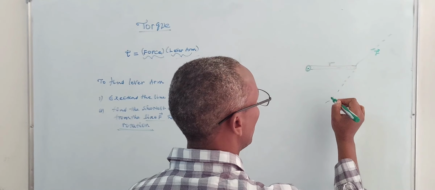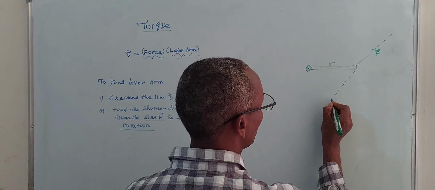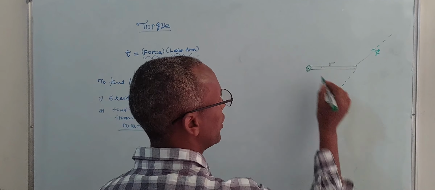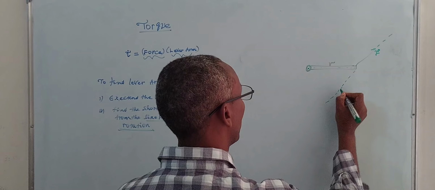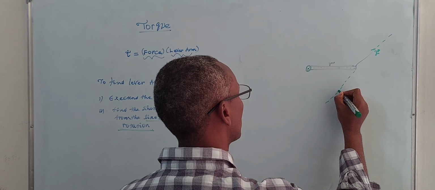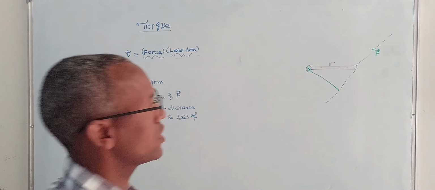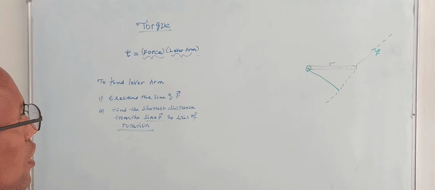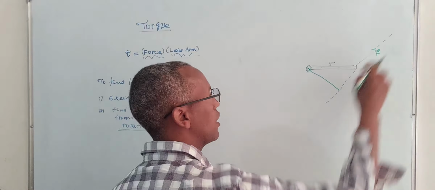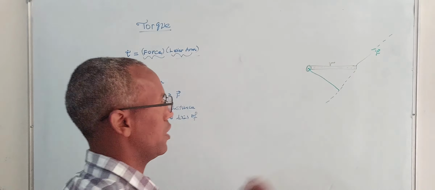Our axis of rotation is over here, so we can find the shortest distance. Let's say this is the distance from the axis of rotation to the line of force, okay?